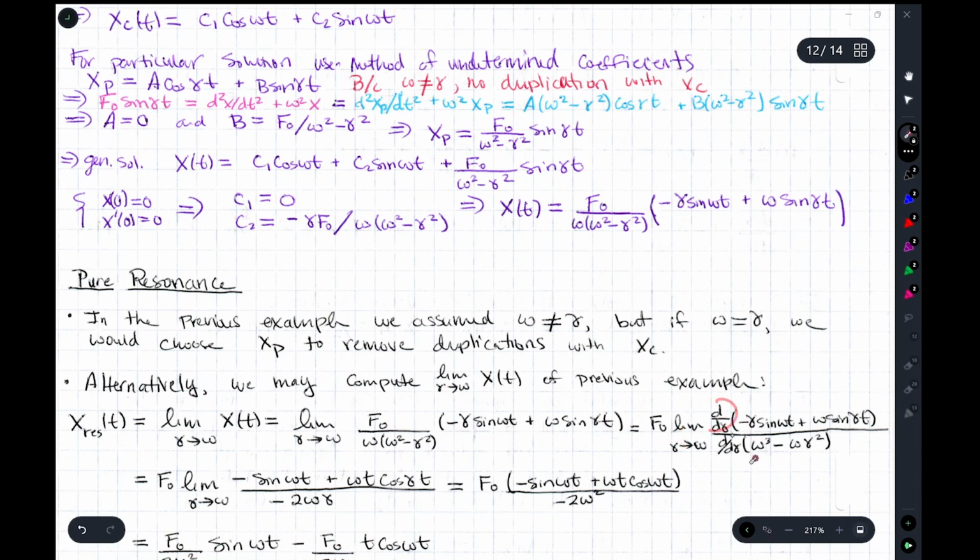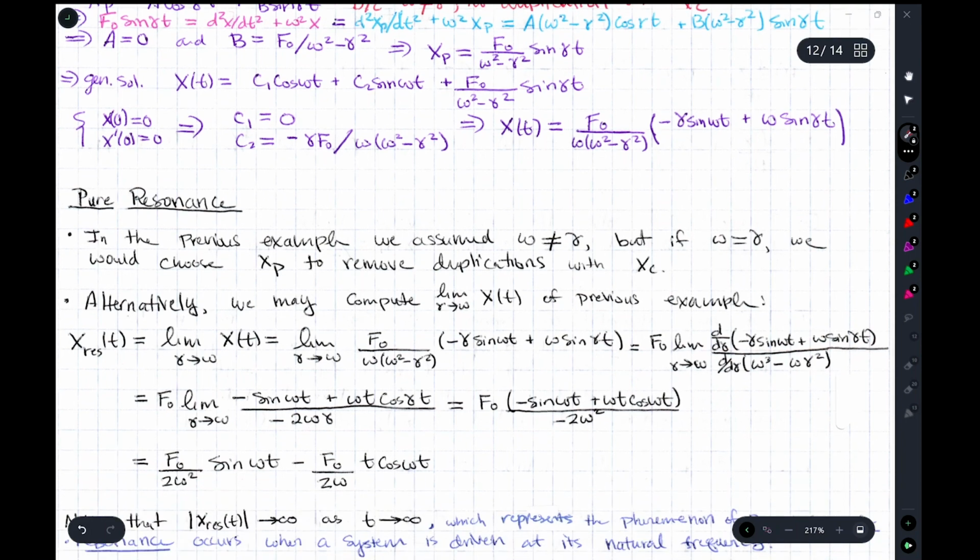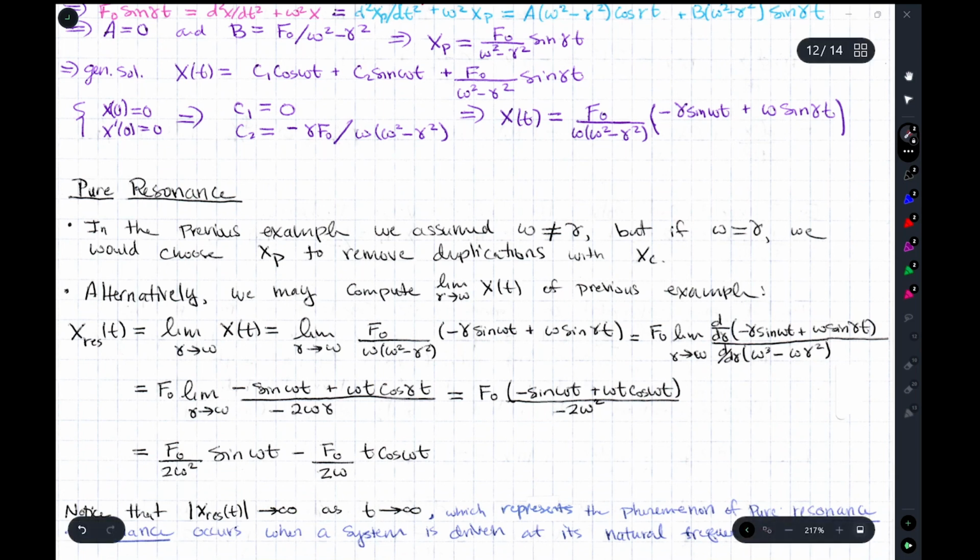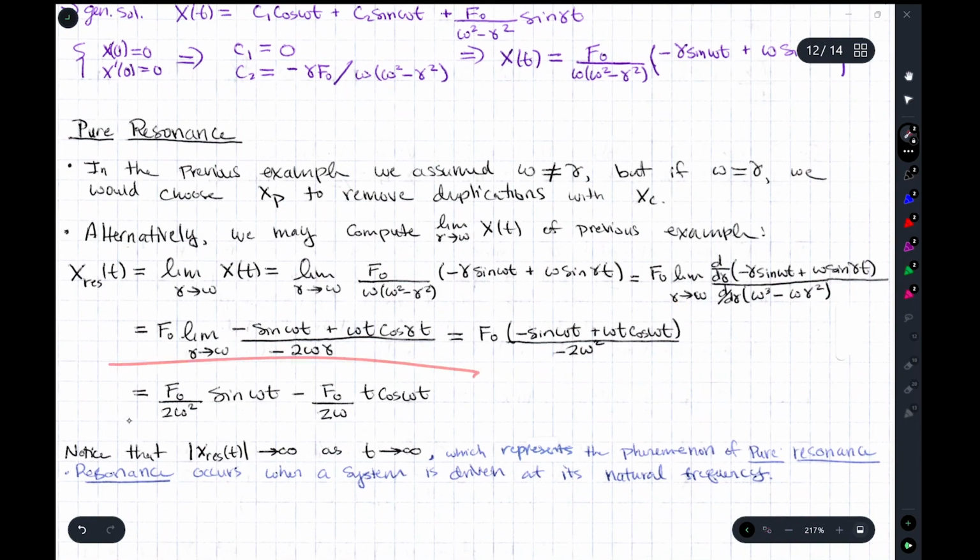So we take the derivative with respect to the variable that we're varying, which is gamma here, of the top and bottom, and we then get this, and now we don't have the problem of the indeterminate form, and we're left with this, which we could write this way.